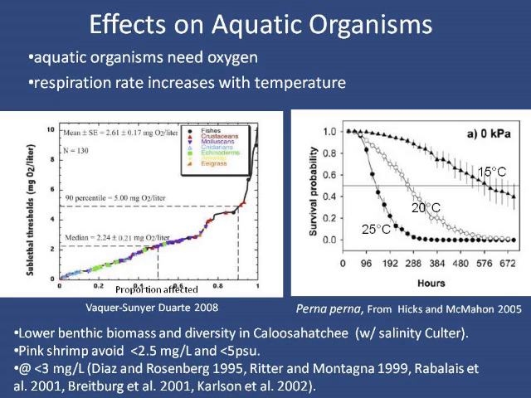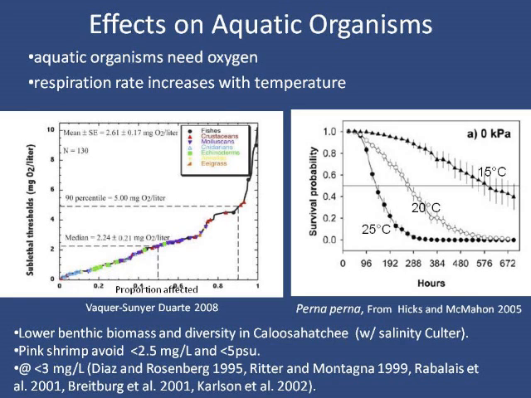The graph on the right shows the effect of temperature on the lethal response of a mussel. And it just shows that the temperature is much lower than we have here. We're stressing organisms at higher levels of temperature.